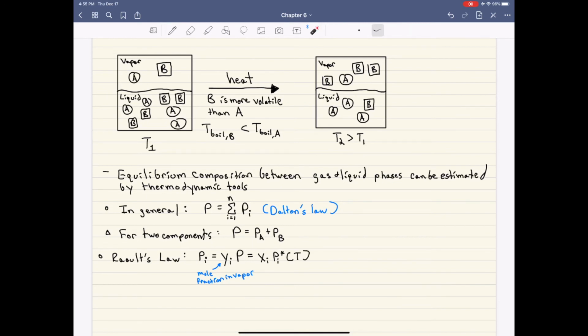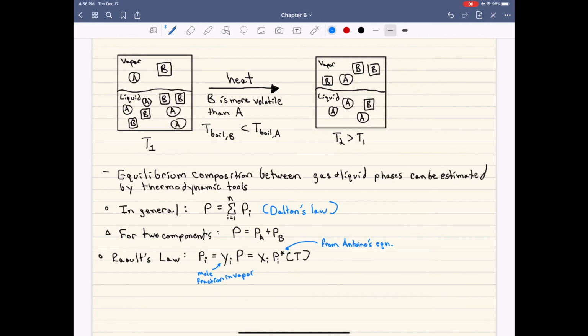And so just to emphasize, the left-hand side, Yi P, is talking about the vapor phase here, while the right-hand side, Xi Pi star, is talking about the liquid phase here. Okay? Now, as far as where we get Pi star from, if you remember in the previous videos, Pi star we could get from Antoine's equation. All right? And so all these things are starting to come together.